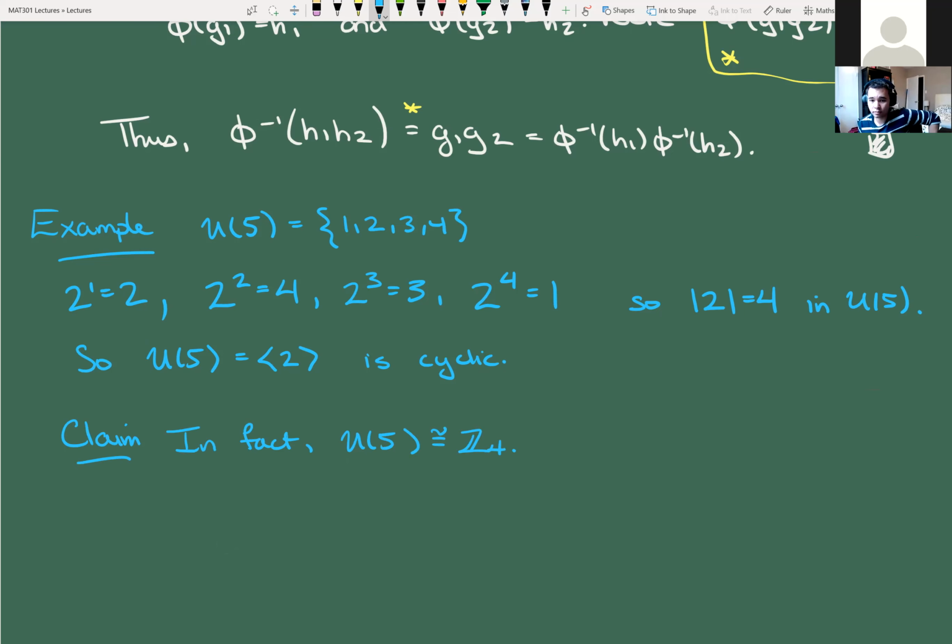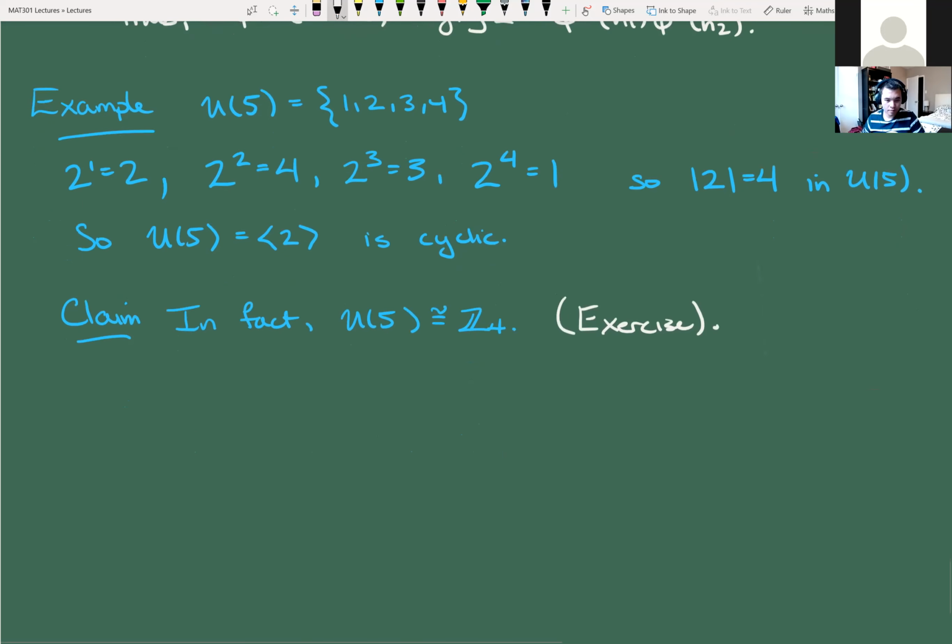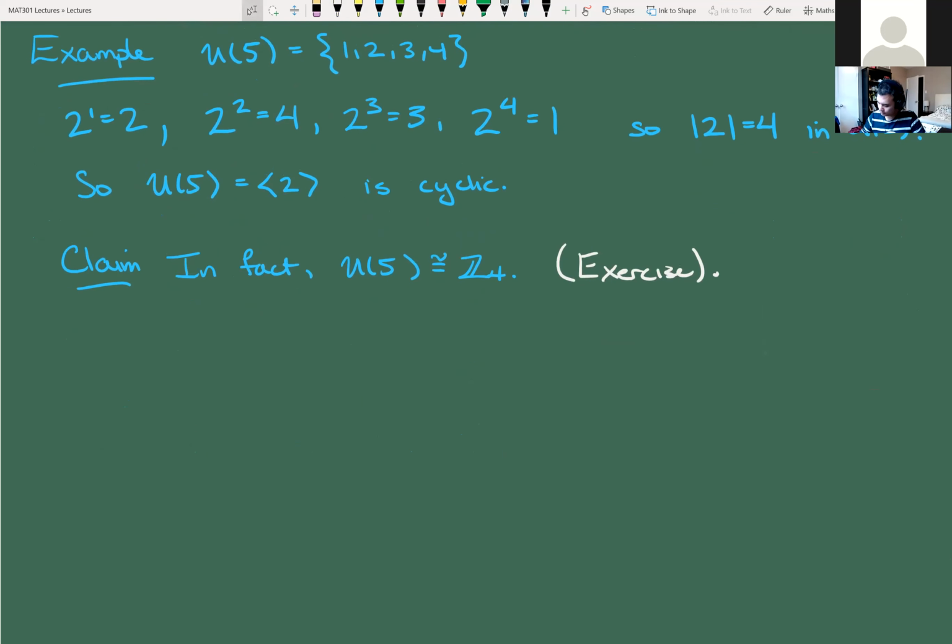That's always true, right? So U5 is isomorphic to Z4. I'm going to let you try and figure out what the isomorphism is, but it's not too hard. Okay, here's another one.